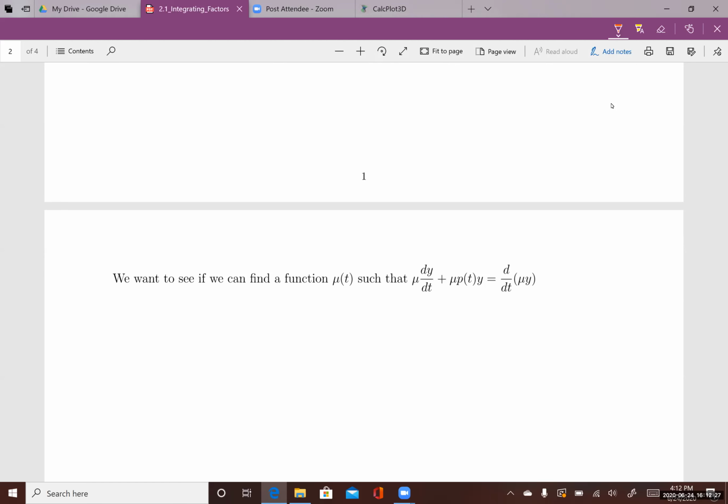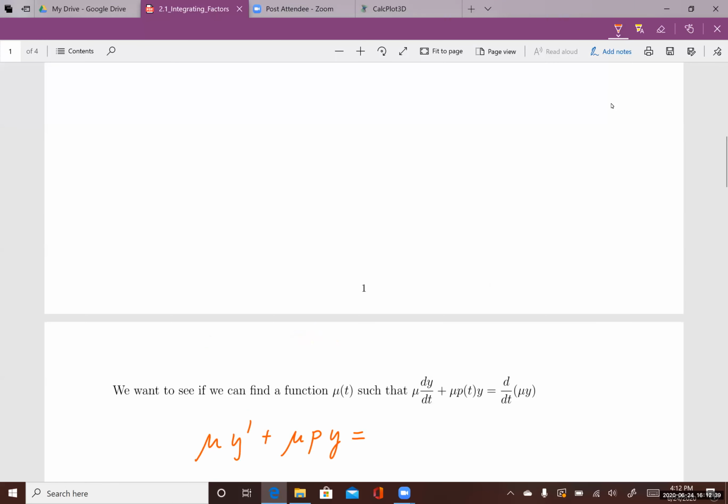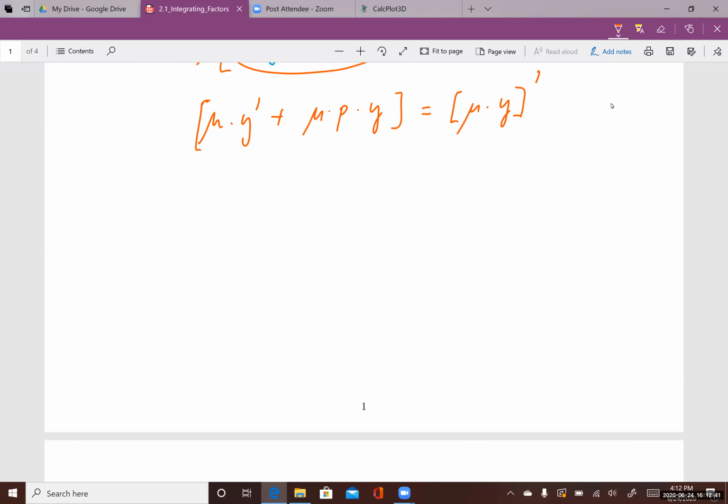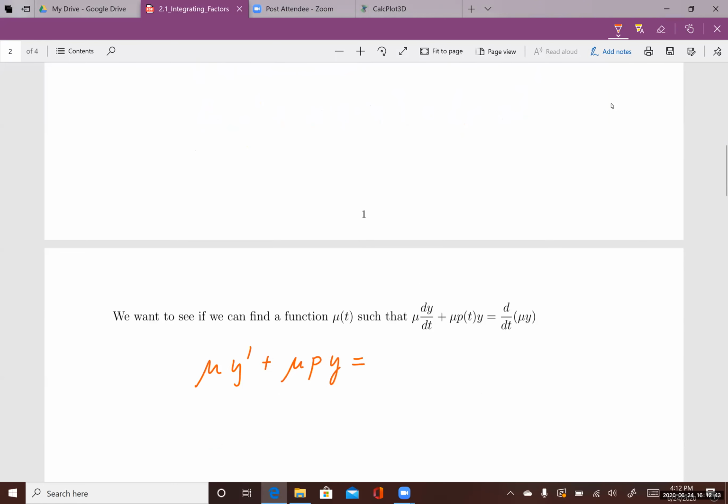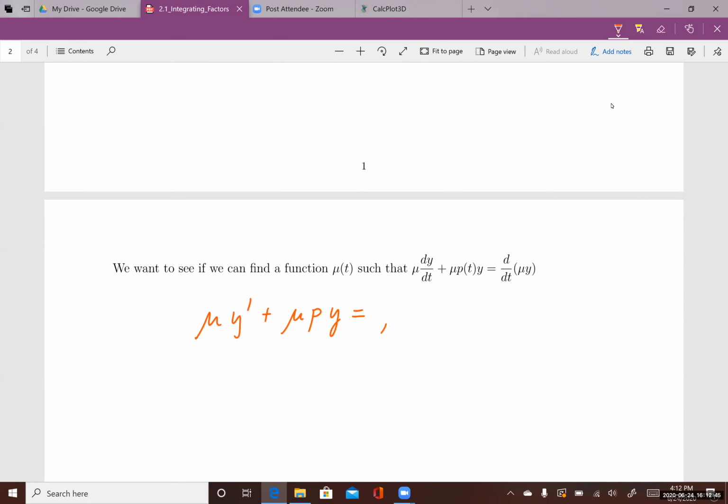Well, let's rewrite it here. Mu times y prime plus mu times p times y equals, the right side will be the derivative of mu times y. So mu times y, and take the derivative of it.